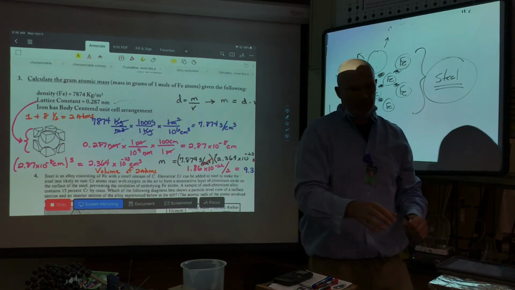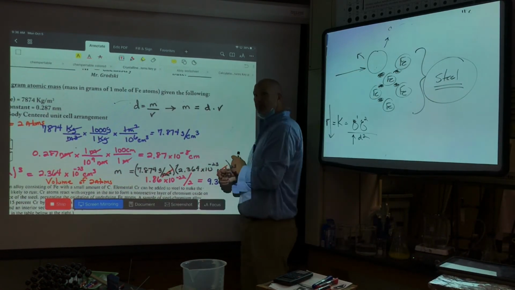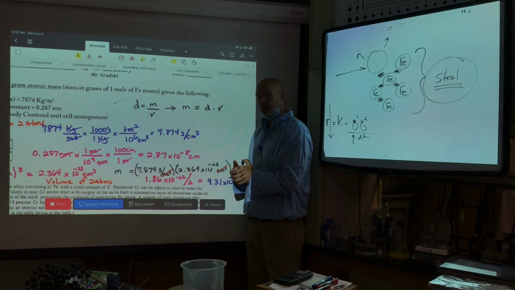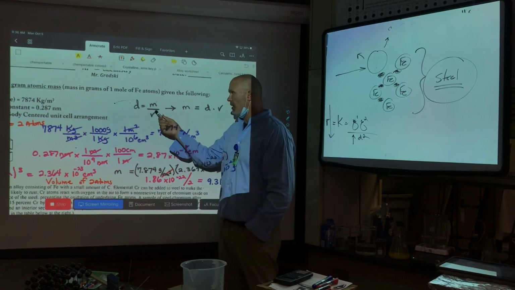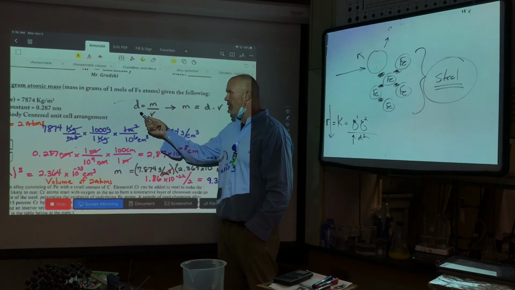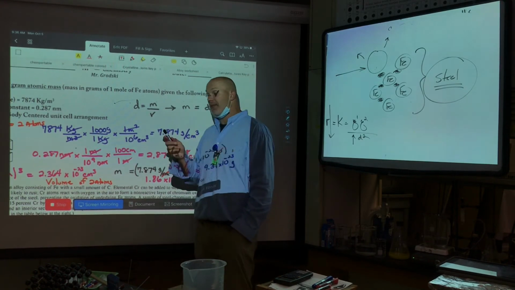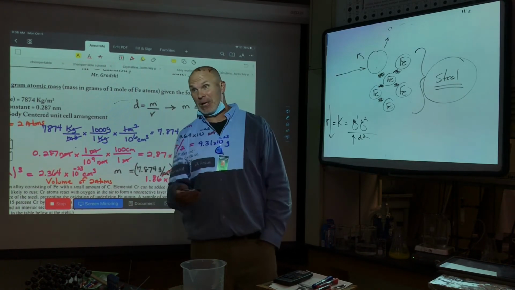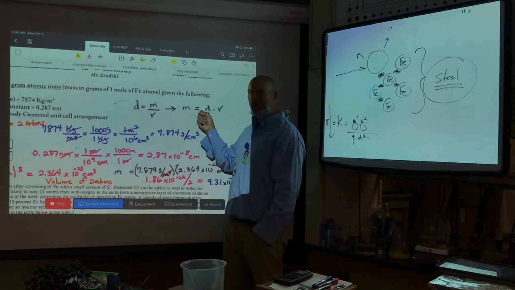What's mass? Mass is density times volume. Yes? On the test, will we get mass equals density times volume? No. I expect you to know what density is, and I expect you to manipulate this algebraically. D over 1, solve for M. I think density is in your reference tables, so you should be able to solve for mass.